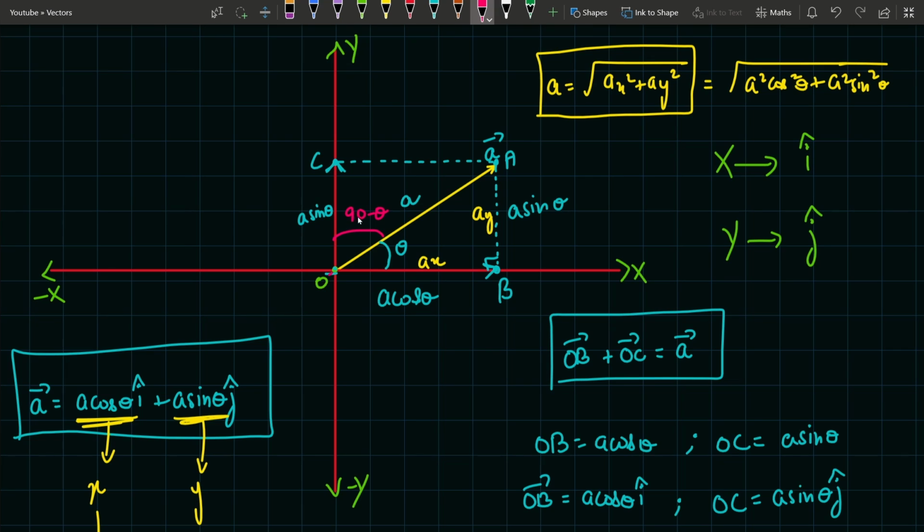So if this is 90 minus theta, the angle between the y-axis and the vector A, then the y component is A cos of 90 minus theta, which becomes A sin theta. So you can find the y component like this also, however you want. I am telling you this because we will use this concept in finding the components of a vector along the 3 dimensions, the next part.